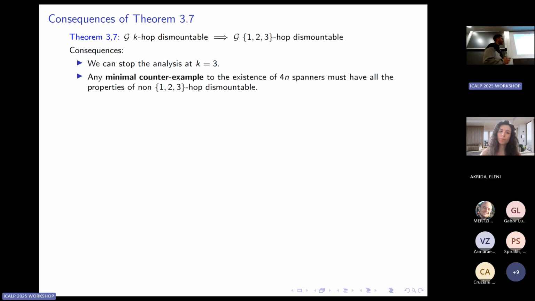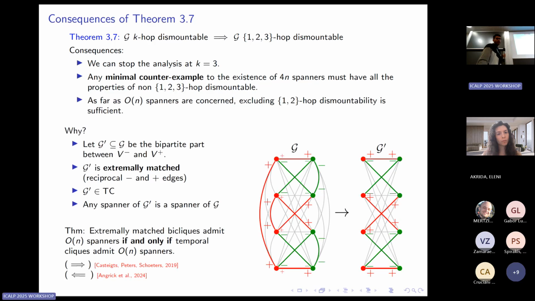And the second one is that any minimal counterexample to the existence of a linear spanner must have all the properties of non-1, 2, 3-op dismountability. And as far as linear spanners are concerned, excluding just 1, 2-op dismountability is sufficient.